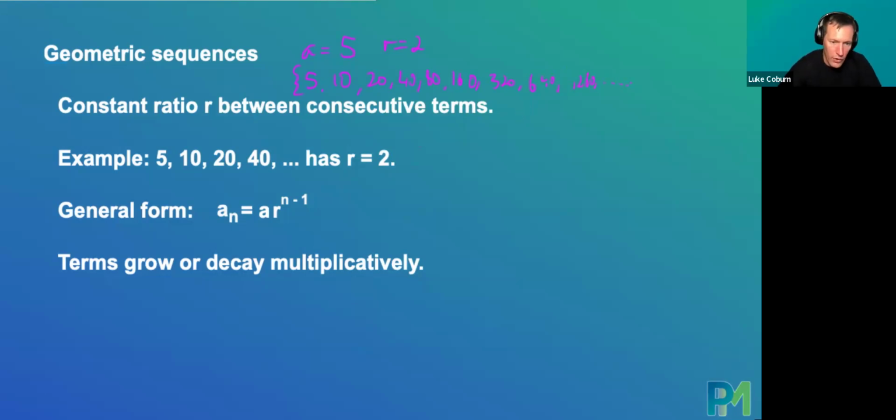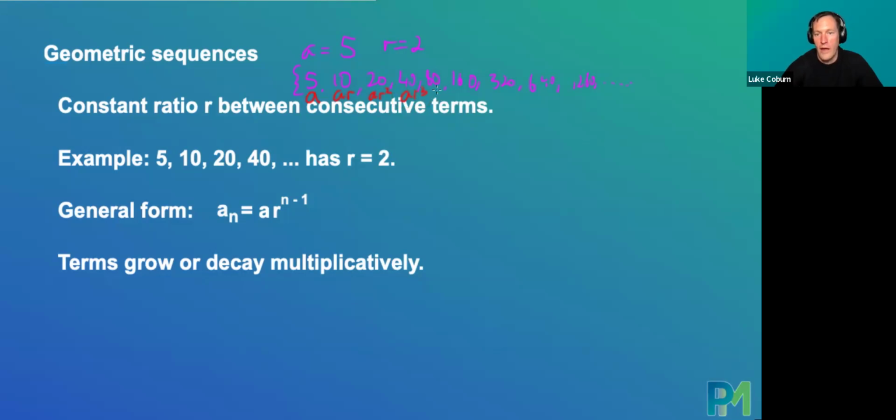Now, if we have a look at this, this first number is just a. And this second number is, well, it's 5 times 2, but it's a times r. And the third number is the previous one, which was a times r, and that's now just multiplied by r, so that's a r squared. The next one is a r squared multiplied by r, so that's a r cubed.